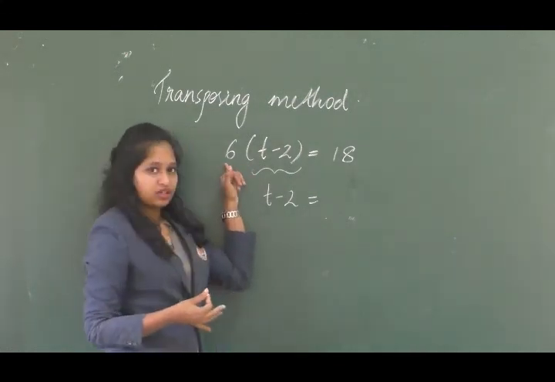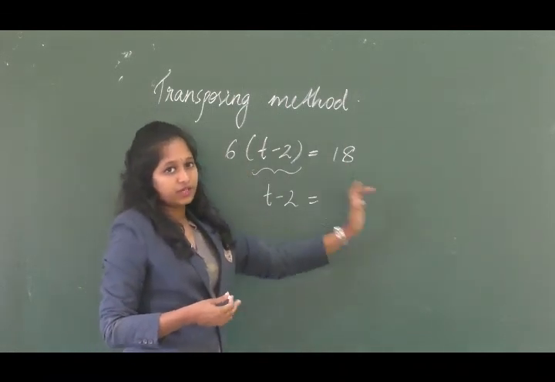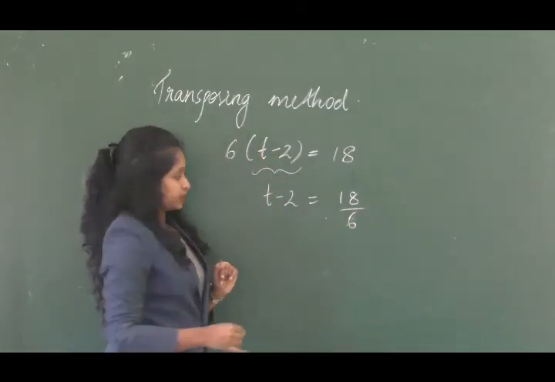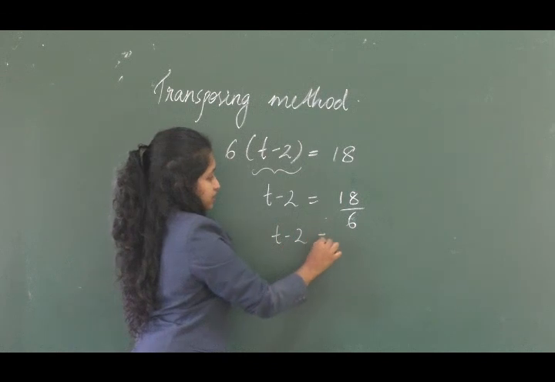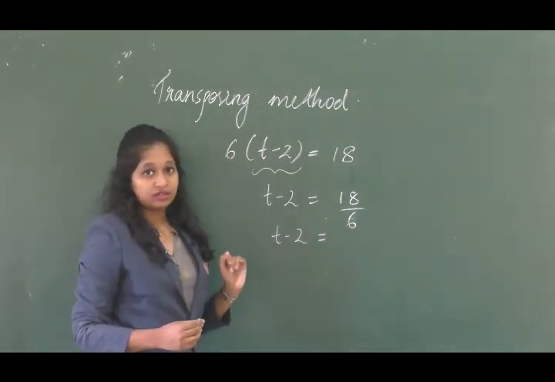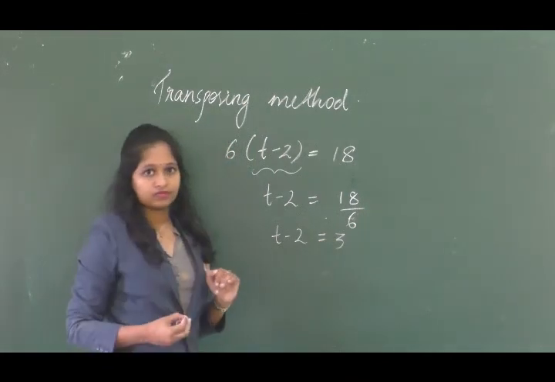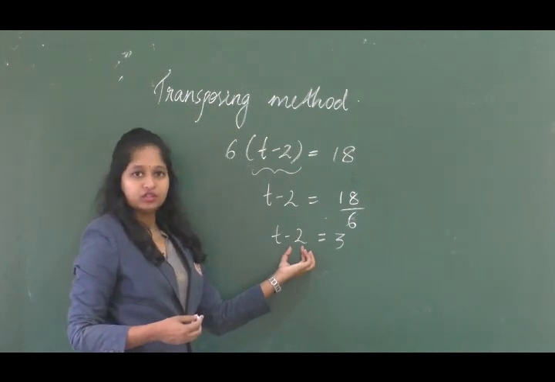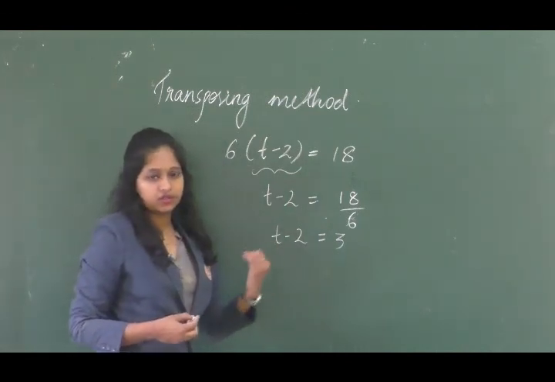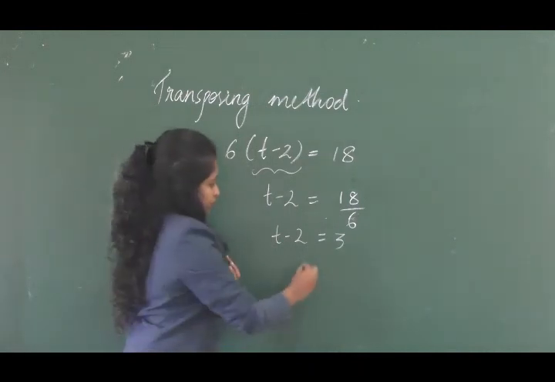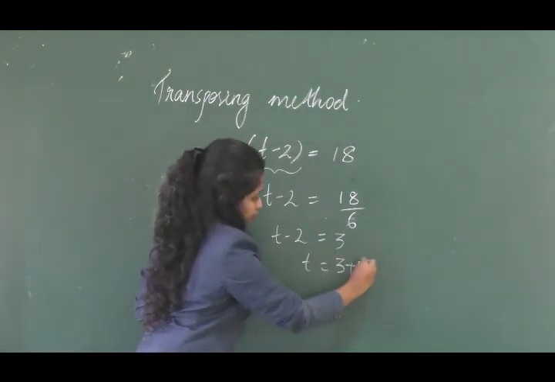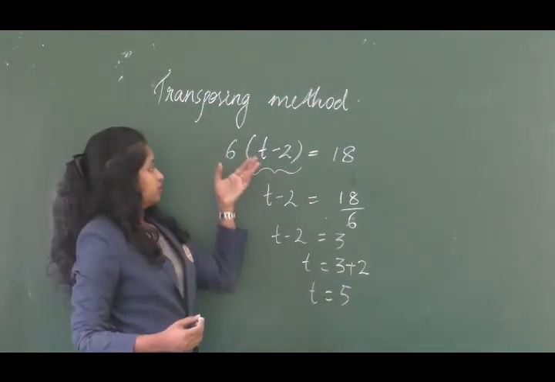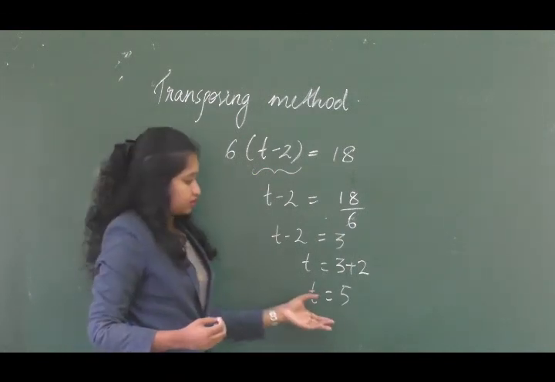So when you take this multiplication to the other side, it becomes division. So it is 18 by 6. Okay, now what is 18 by 6? It is 3. Got it? Now we have minus 2 here, which we have to take to the other side. So it becomes plus 2. So t is equal to 3 plus 2, that is 5. So the solution for this equation is 5.